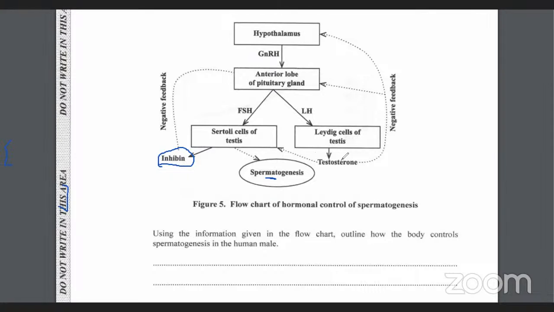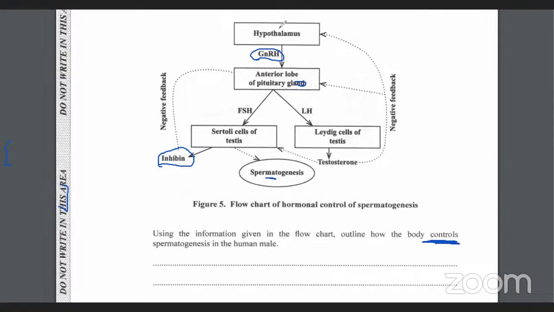Notice also testosterone, there's 2 lines, one to the pituitary and one to the hypothalamus, which means that testosterone is going to prevent the production of this hormone, and also it is acting on the pituitary gland as well to stop these. So just to run through again, right? It says outline how the body controls. We're just looking at the control of it.